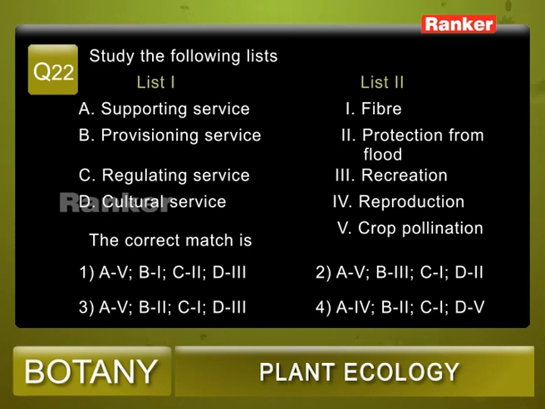List 2, 1, fiber, 2, protection from flood, 3, recreation, 4, reproduction, 5, crop pollination. The correct match is first option A5, B1, C2, D3. Second option A5, B3, C1, D2. Third option A5, B2, C1, D3. Fourth option A4, B2, C1 and D5.